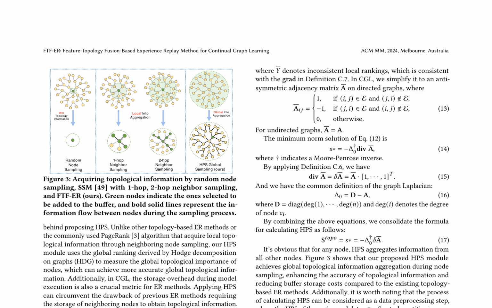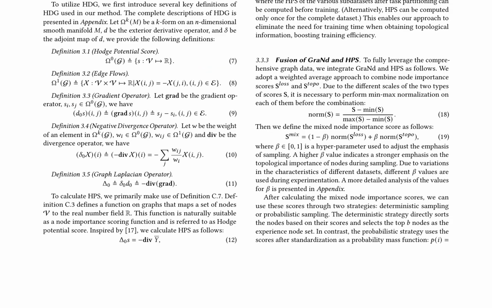The authors introduce a new Hodge Potential Score, HPS, to measure the global topological importance of nodes, which can achieve more accurate global topological information compared to other topology-based methods. By applying HPS, the storage overhead during model execution is significantly reduced.